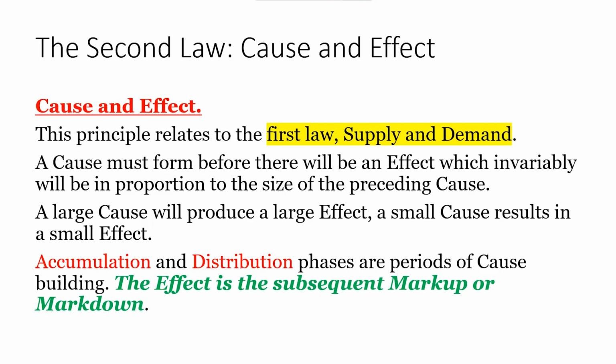And what's effectively happening is that in the causal phase, say, of accumulation, you have stock changing hands, from either large interests or from weak hands to strong hands. And when stock gets into strong hands, it effectively gets locked up. And this locking up of the supply of stock makes it unavailable to trade because large interests have basically absorbed it.